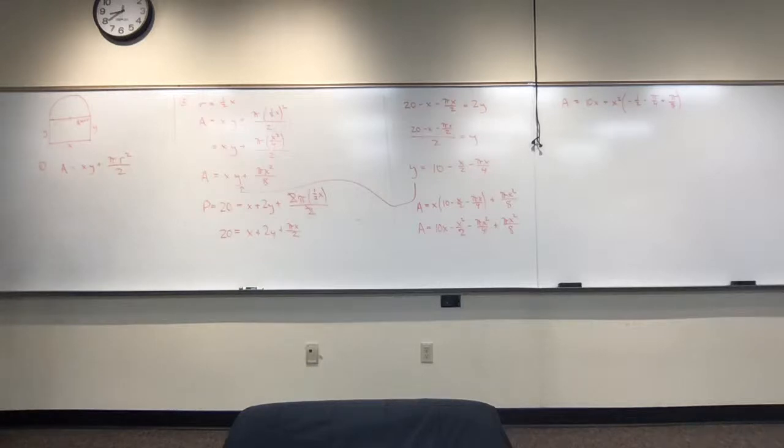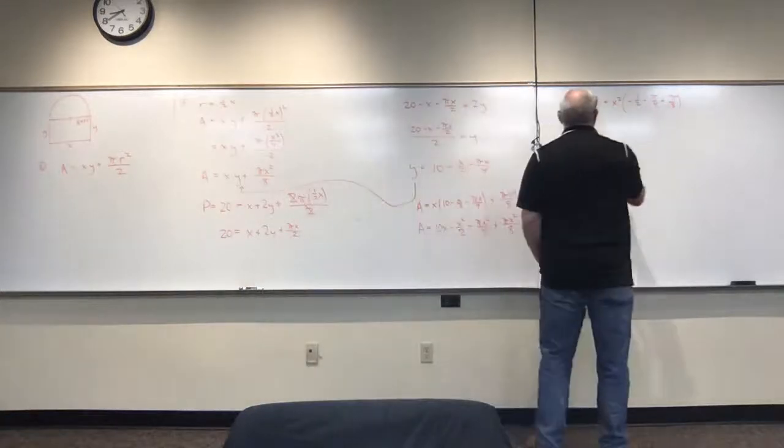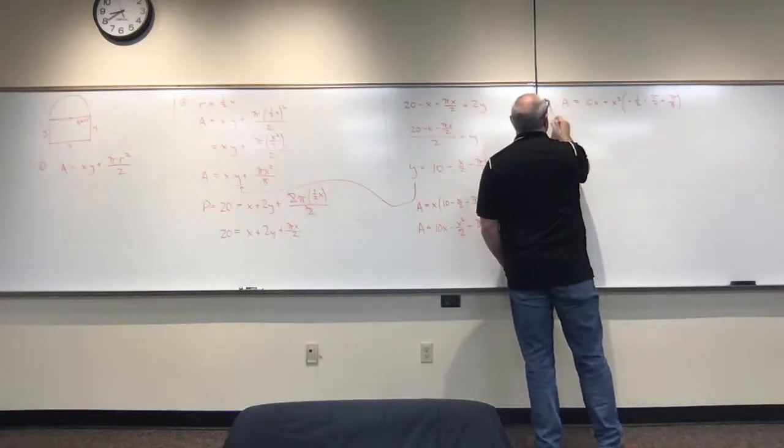So that would mean that y would have to be 10. So I suppose x could be 0. Certainly x can't be bigger than 20. So the boundary conditions are kind of silly on this thing, and I don't think that that's going to be our maximal. So let's do some calculus.